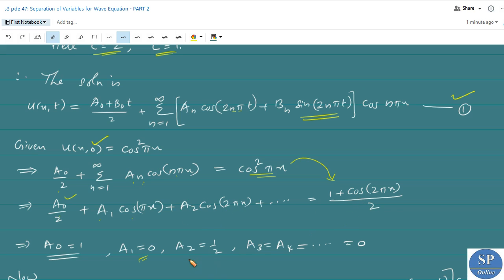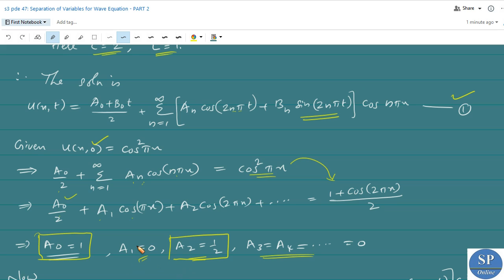The coefficient of cos 3 pi x, a3, is also 0, a4 is also 0, and all the other constants are zeros. So the only non-zero coefficients are a0 equal to 1 and a2 equal to 1 by 2. Clear?